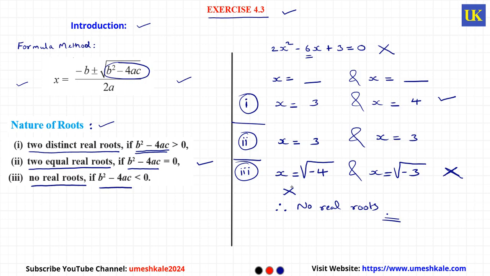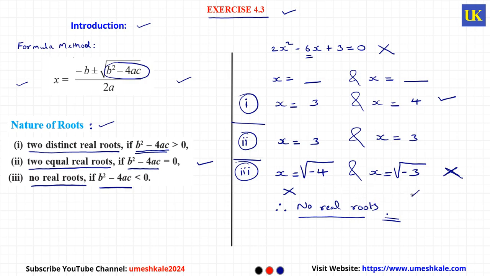See guys, I want to make a small correction here. No real roots means if we are getting a negative number inside a square root. Inside a square root, if we are getting a negative number, then such numbers are called no real roots, because they are not real numbers.